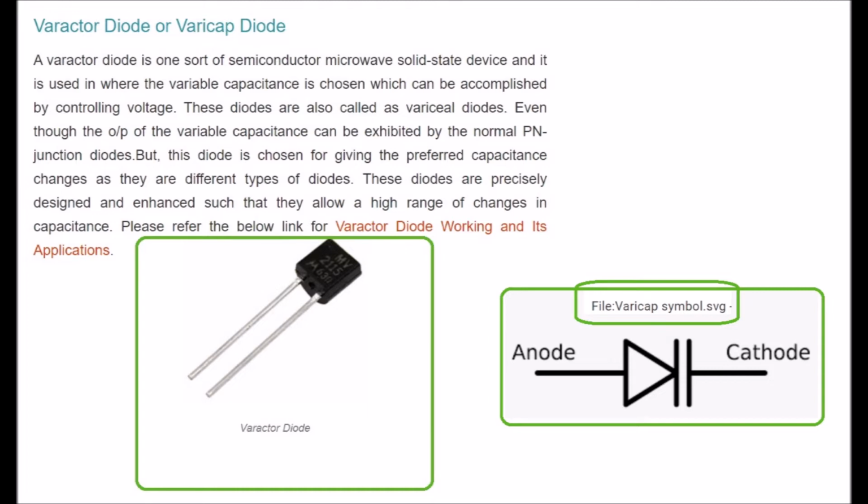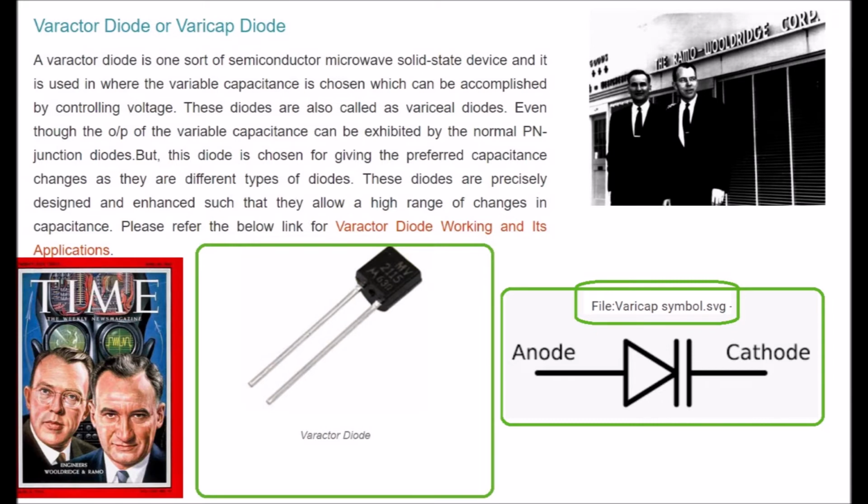The varicap was developed by the Pacific Semiconductor subsidiary of the Ramo-Wooldridge Corporation, who received a patent for the device in June 1961. The device name was also trademarked as the varicap by TRW Semiconductors, the successor to Pacific Semiconductors, in October 1967.